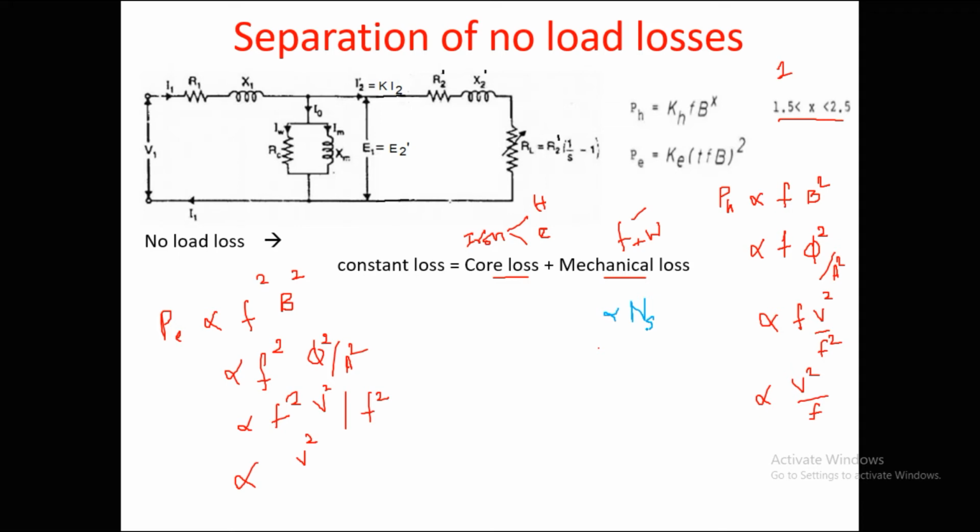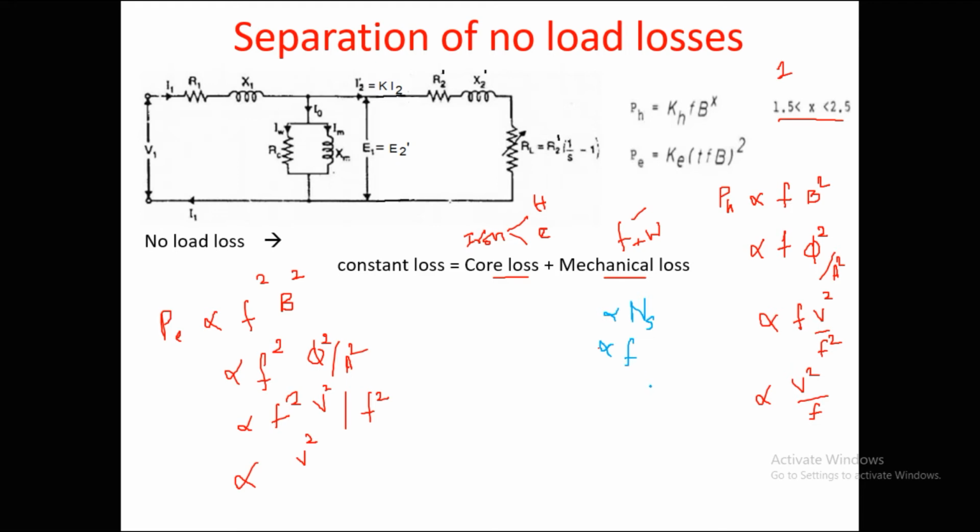So at no-load test, mechanical loss is directly proportional to synchronous speed, and synchronous speed is directly proportional to supply frequency. So at last we can say mechanical loss is directly proportional to supply frequency.